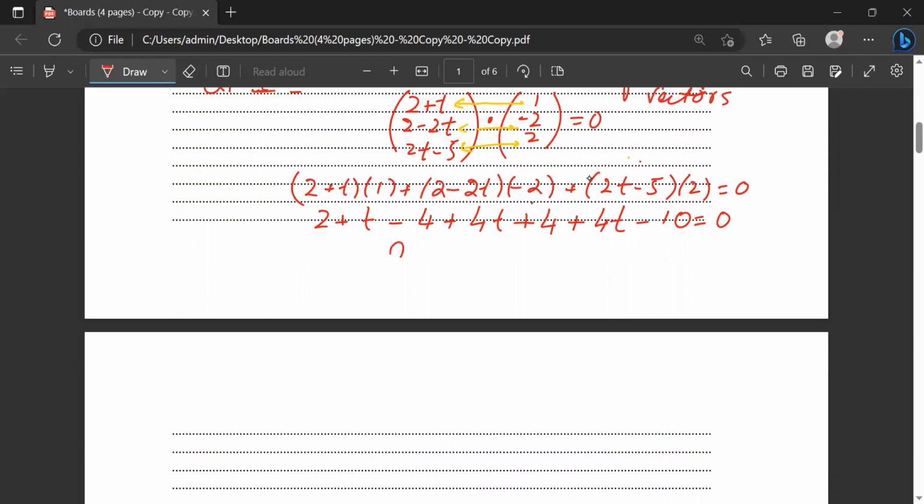So we have 9T, then next we have 2 minus 4 and 4, so I can write plus 4, then 2 minus 12, which is equal to 0. I wrote one thing extra, yeah, this is there, plus 4.